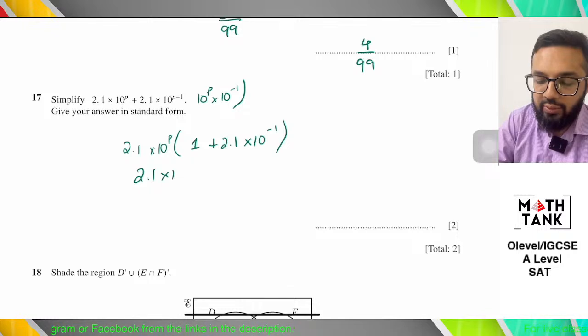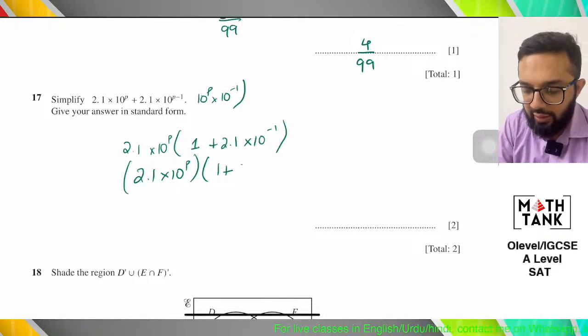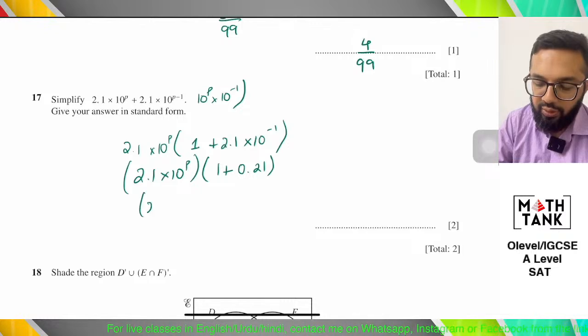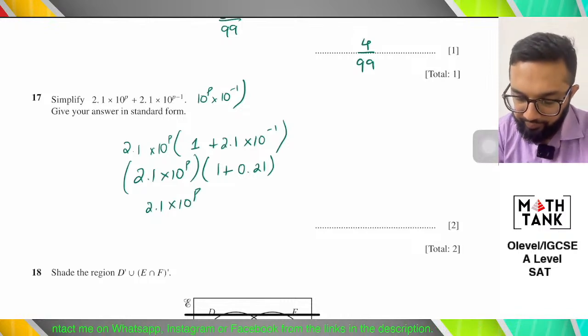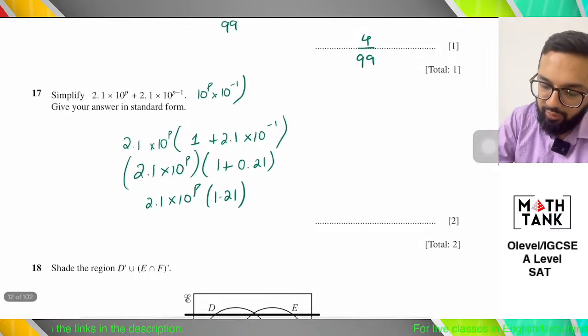So that has sort of simplified things for me. That gives me 1 plus 2.1 divided by 10, which is 0.21. So that's 2.1 times 10 power p times 1.21. So what's 2.1 times 1.21?